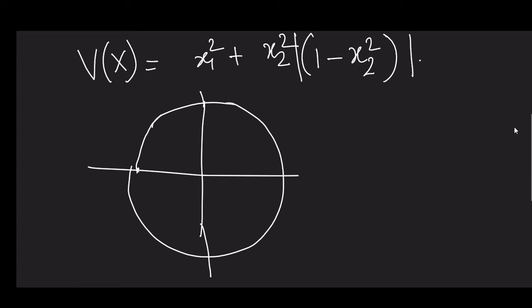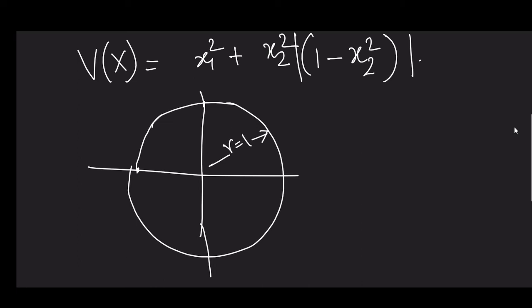Undoubtedly, this is a positive definite function, and let us check: when x1 and x2 are not equal to 0, then yes, we have that. But where we will get, say this is a ball of radius 1.